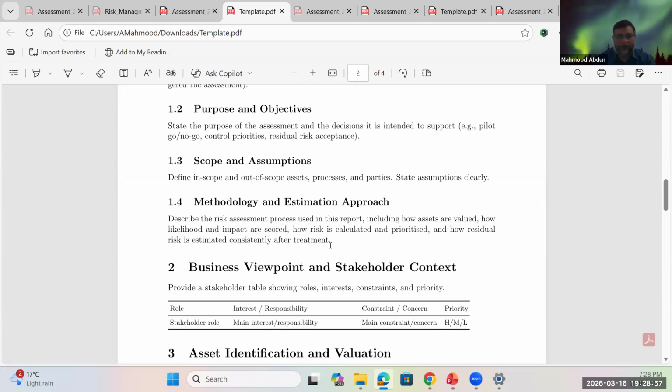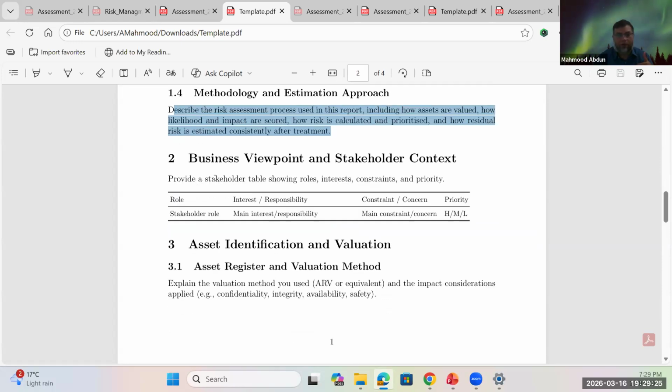This is information that will help us understand what sources you have relied upon. How did you investigate these sources? Where did you go? Did you find this from the internet? Did you go to a risk register? What are the different sources? What is your methodology and approach? This is where you put your approach to doing the risk assessment.